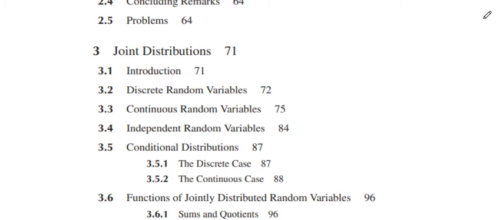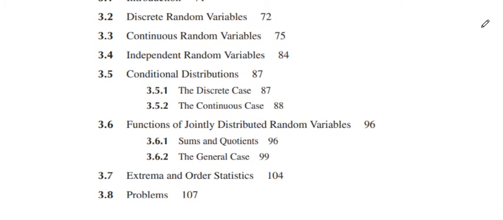We can also have a joint distribution for 3 variables, right? For many variables, but the basic thing is the 2 variable case. If we have 2 variables, then we will measure their relationship. We call this correlation and covariance, right?